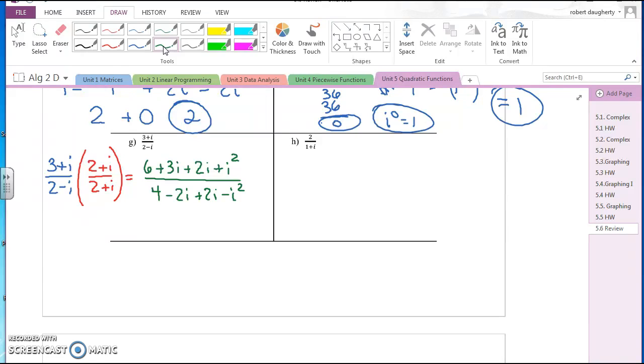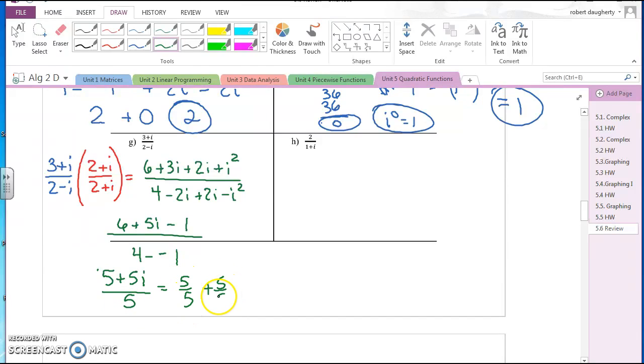So now it's just a matter of simplifying. The top is 6 plus 5i minus 1. And over here I have 4 minus negative 1. So 6 minus 1, this becomes 5 plus 5i over 5, which is just 5 over 5 plus 5 over 5i, which is 1 plus i.